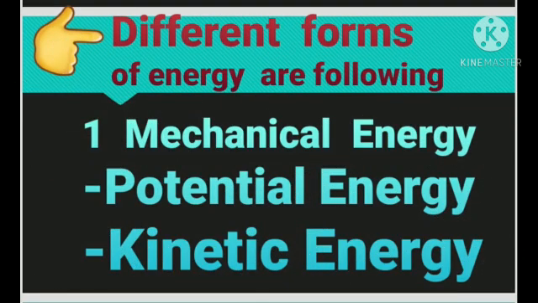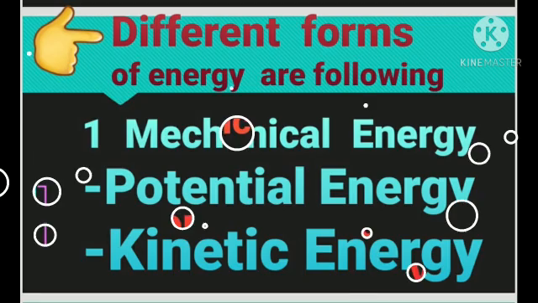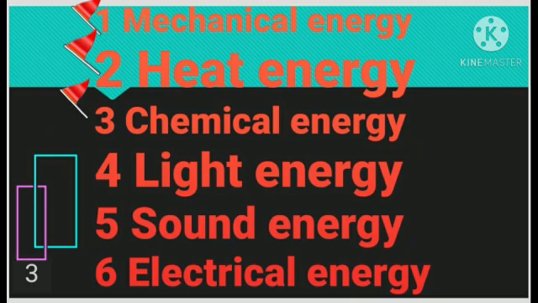Now we are going to discuss the different forms of energy, and the first one is mechanical energy, which has two subtypes, potential energy and kinetic energy. Other forms of energy are heat energy, chemical energy, light energy, sound energy and electrical energy.